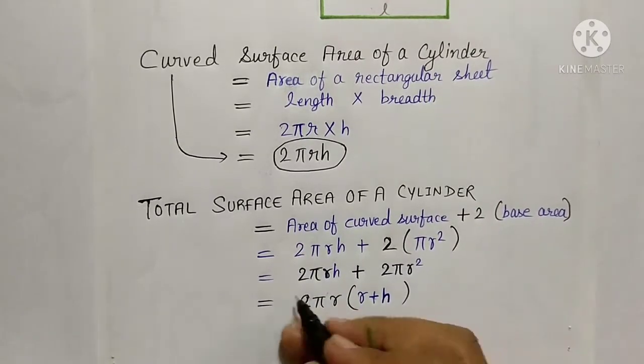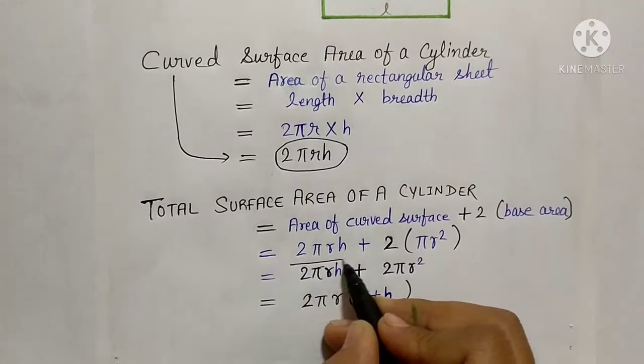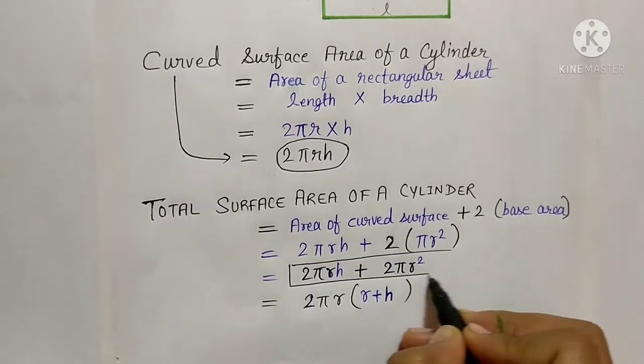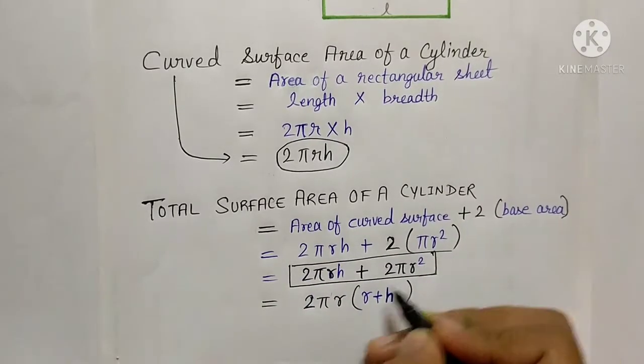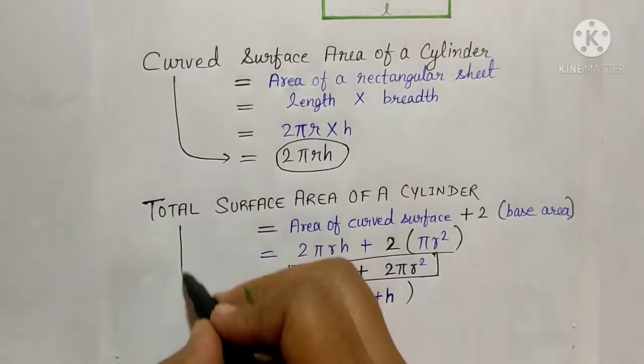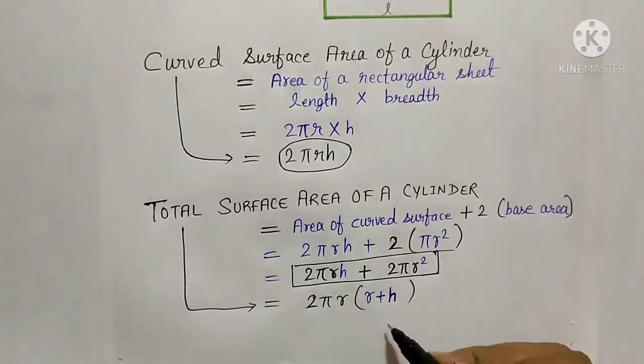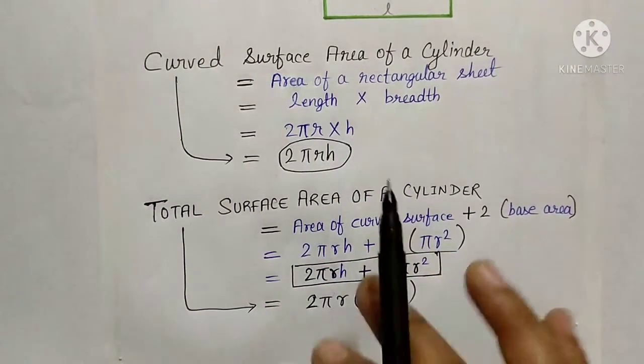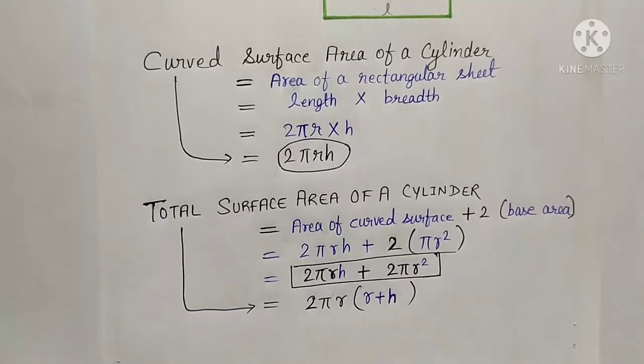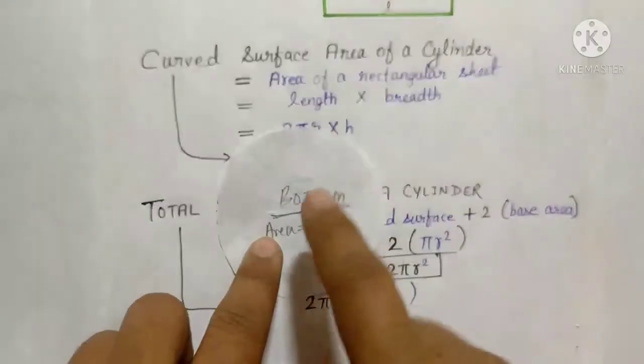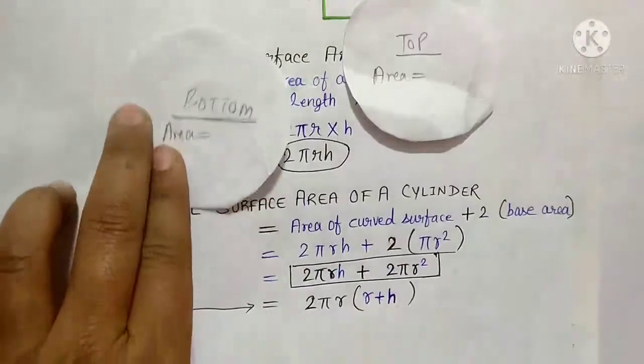So in short form, the formula is 2 pi r h plus 2 pi r square, or you can say 2 pi r bracket r plus h. This is the formula for the total surface area of a cylinder, where we add the bottom area, the top area and the curved surface area.